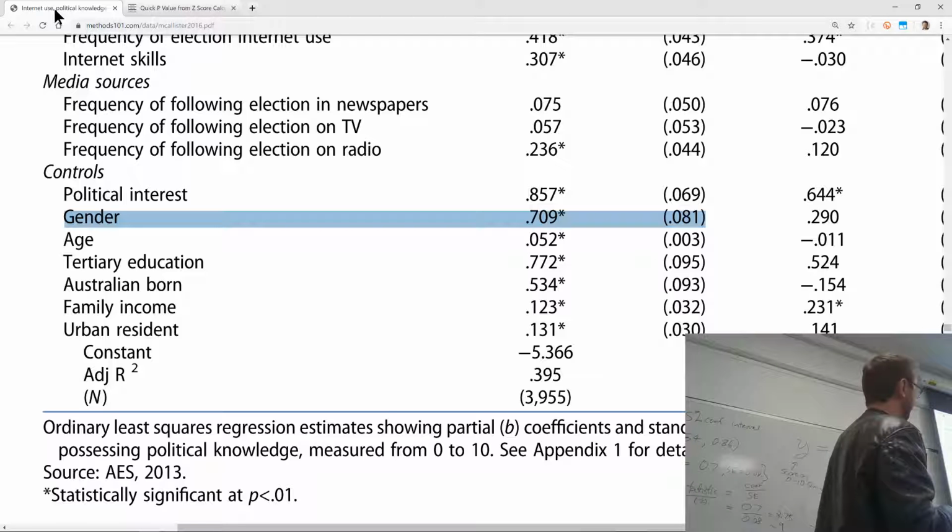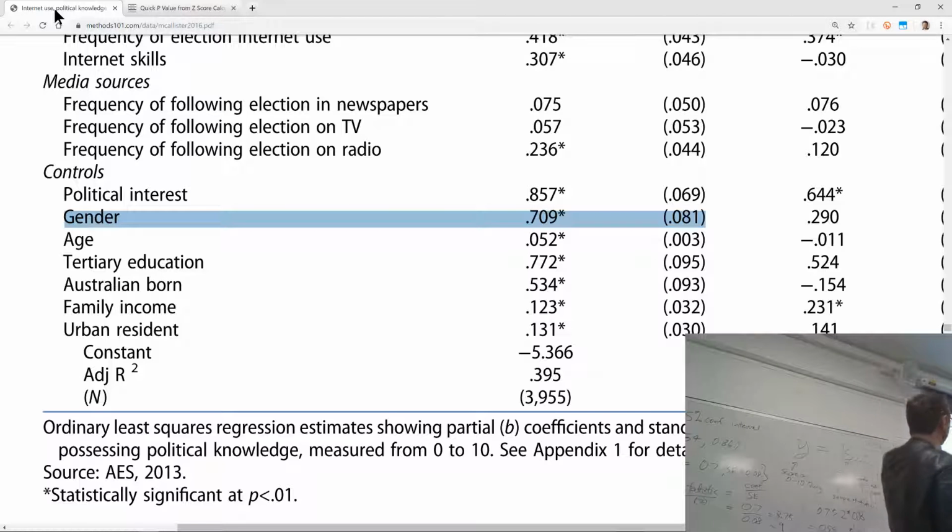So, as we just go through it, look at these other effects. Tertiary education, I think that means you've got a bachelor degree or above. One end of that, you get about 0.8 higher. I don't think so. I mean, you can look at the back of the thing, it's got the explanation of each of them. Right.